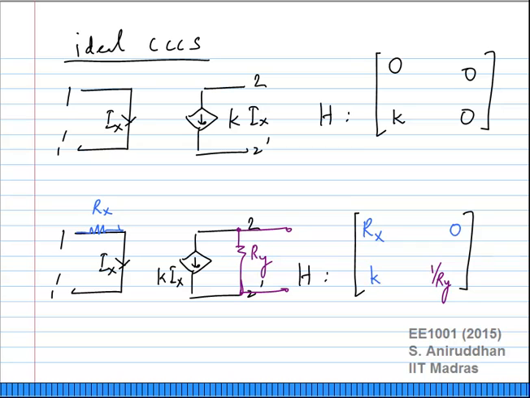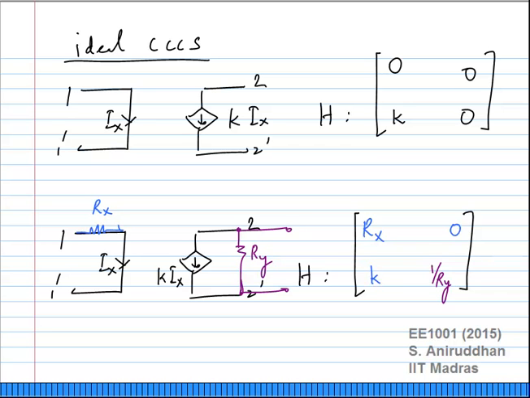This is an example of a non-ideal current control current source. In the case of an ideal current control current source, you had a short circuit and you had an ideal control source at the output. This is a non-ideal case. Why is it a non-ideal case? Because the current is not exactly there.